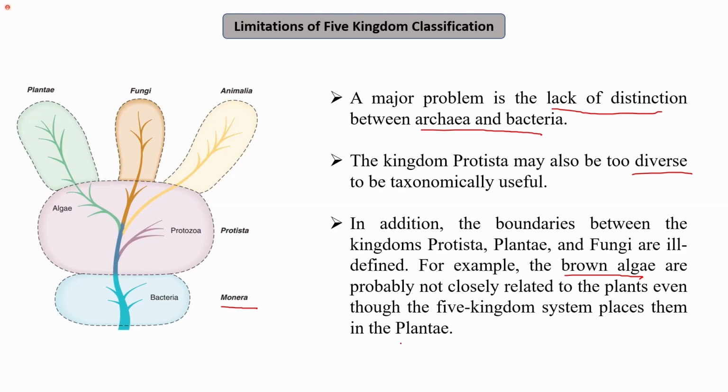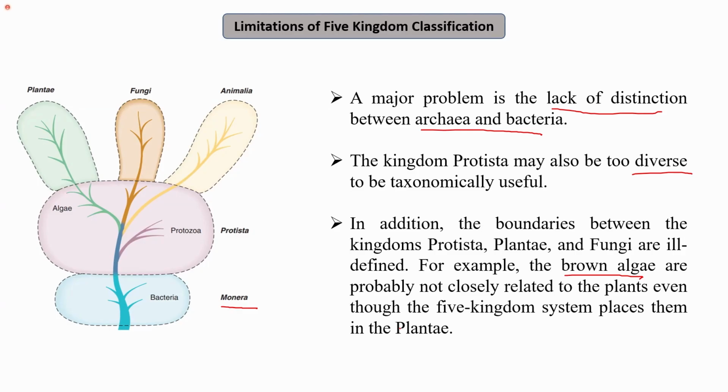But the 5 kingdom classification placed this in the kingdom Plantae. So there were certain limitations. A few of the organisms were inappropriately placed into the wrong kingdom. So the refinement with the advancement in the technologies has led to their better placement in an appropriate kingdom.